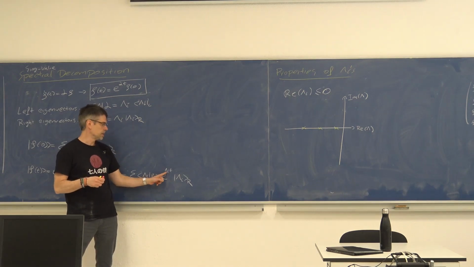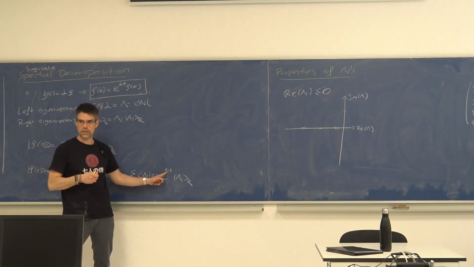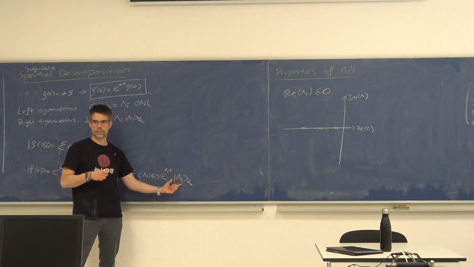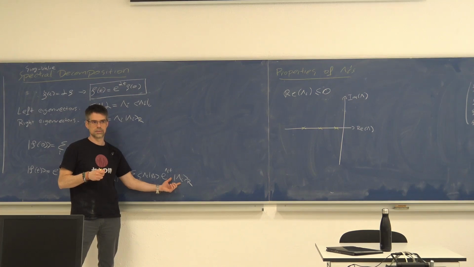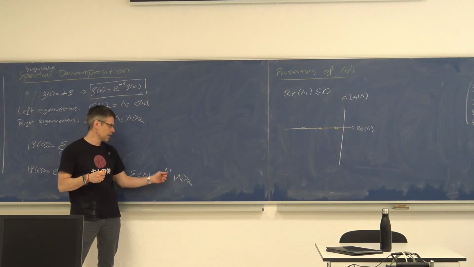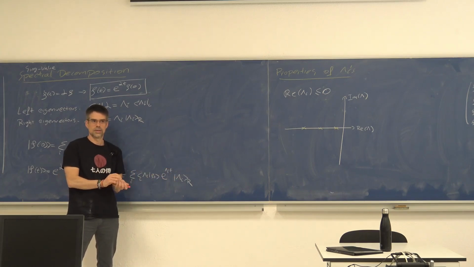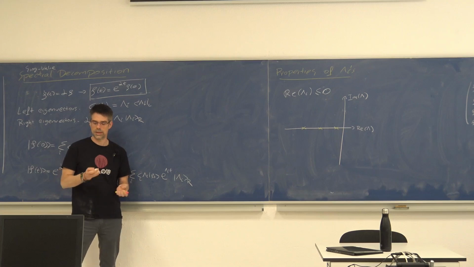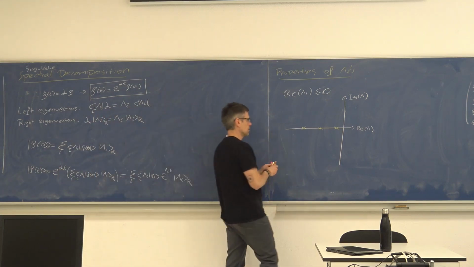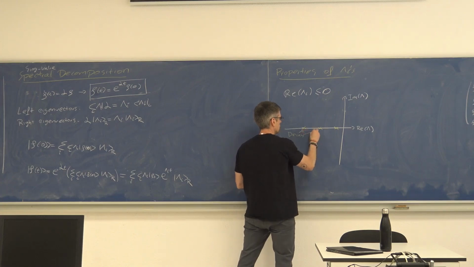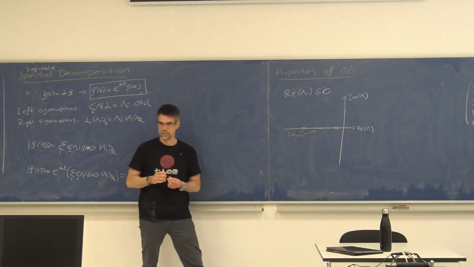If this is a real negative number, what will happen to this component of the density matrix with time? If this is exponential of minus 3t, when I increase t, it will exponentially decay. So these are called decay channels.